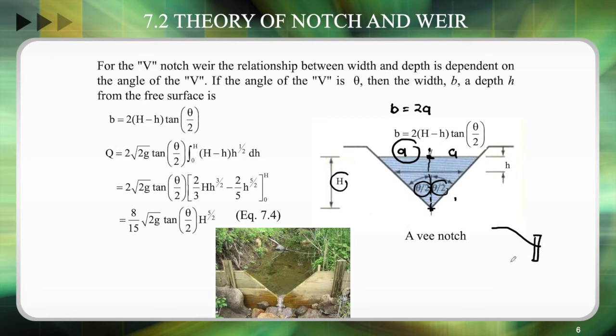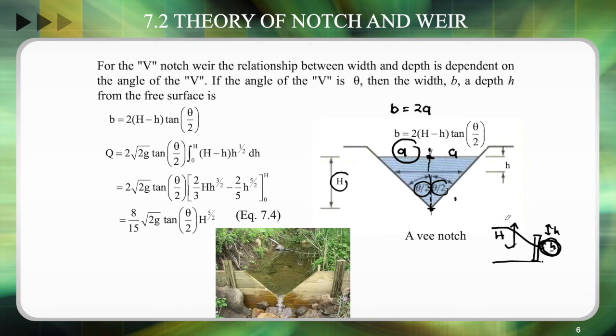The height of the water will be reduced from the H here. So we have H, and then after it flows through the V notch, it will reduce, and we have small h here, and we have to find what the height of this is.